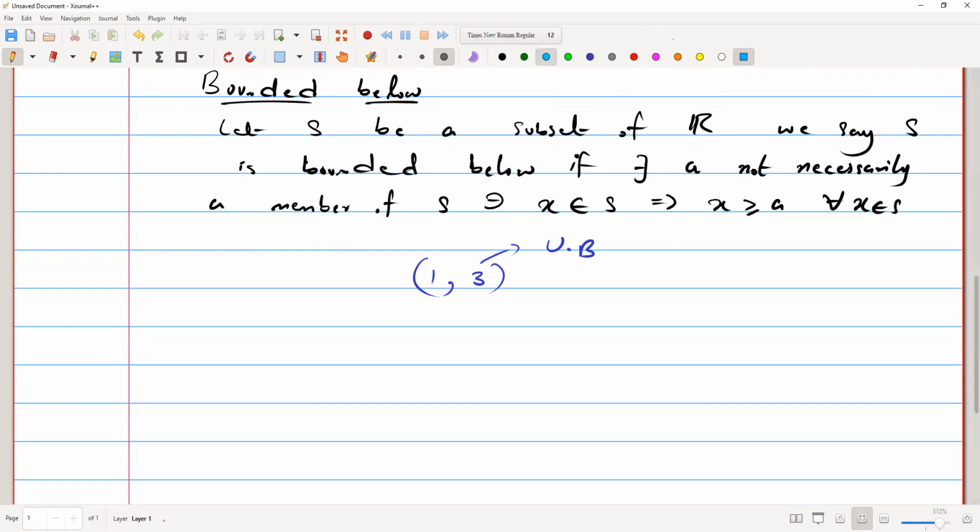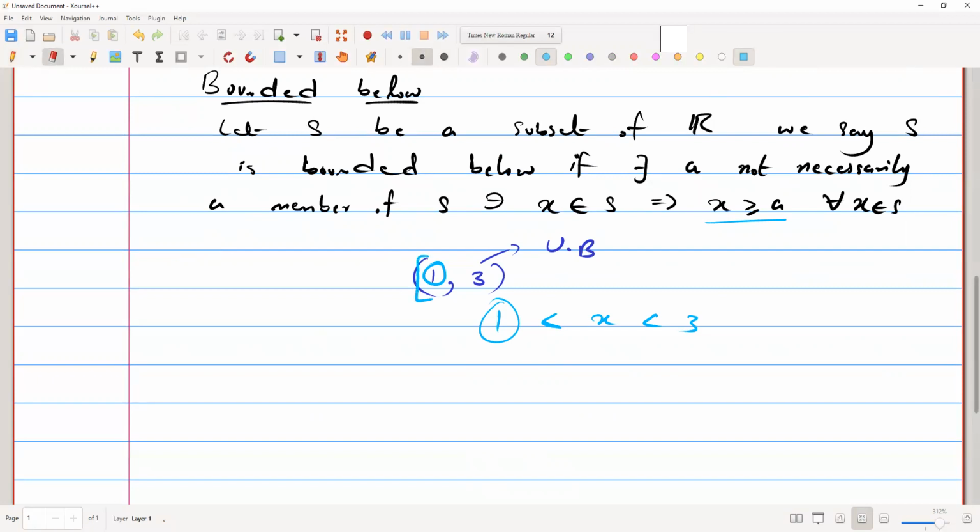And if you look at this 1 here, we can say that this 1 is the lower bound, because this is the smallest of all the elements of the set. So every element in the set is larger than 1. So this is the condition that X is greater than or equal to A. Which means that X is greater than 1, and it can also be equal if this set was closed like this.